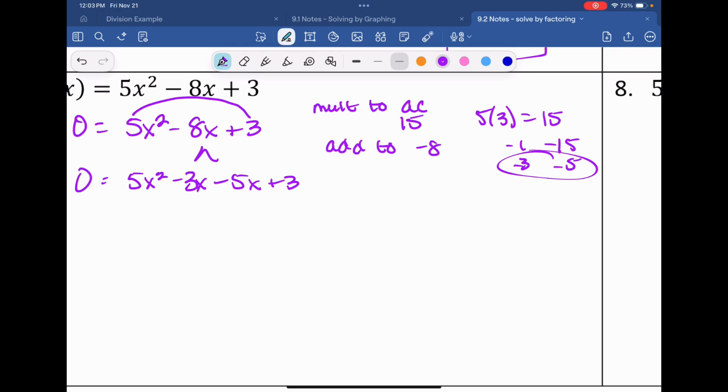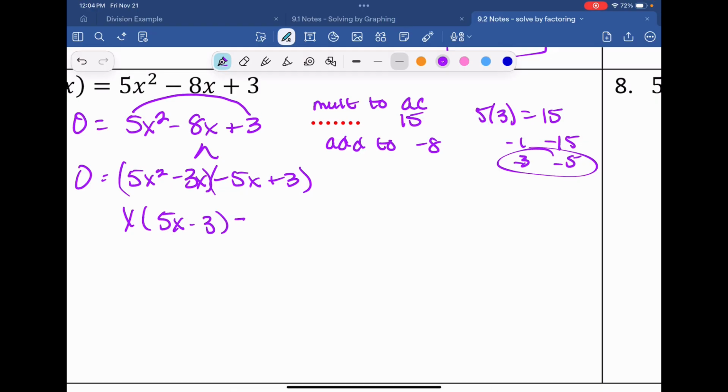Group. GCF. GCF. And negative. Take out that negative 1. Common binomial.